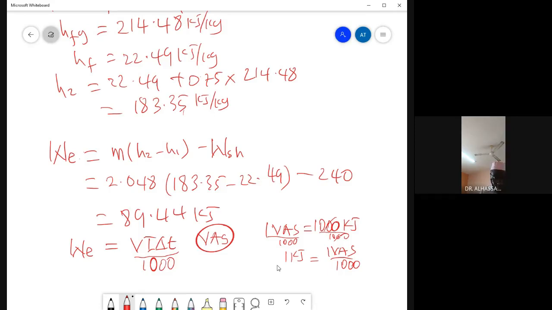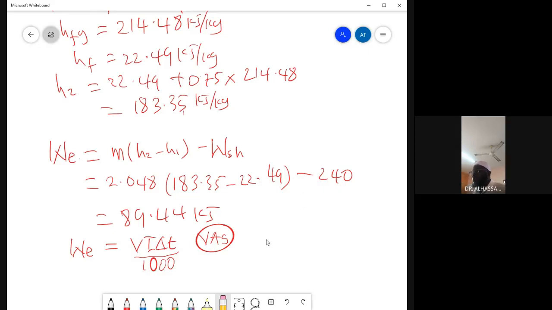I think there was a mistake over here. It's supposed to be the other way around. 1000 VAS should be equal to 1 kilojoules.